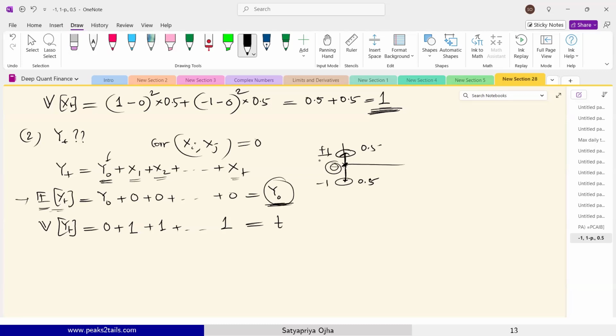The process at a very future time point, far distant in the future, still evolves around y0. Around y0 in the sense the mean, the center of the distribution, is still y0. So this is good. But the variance is exploding.